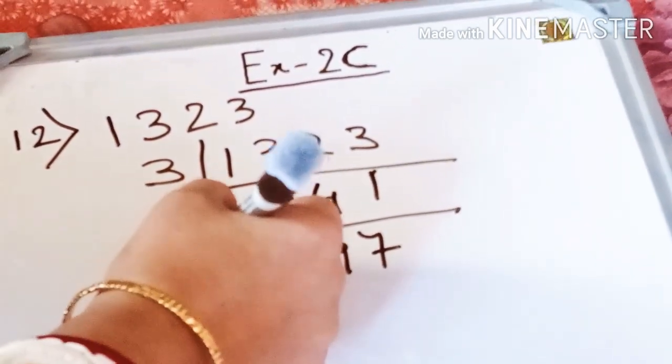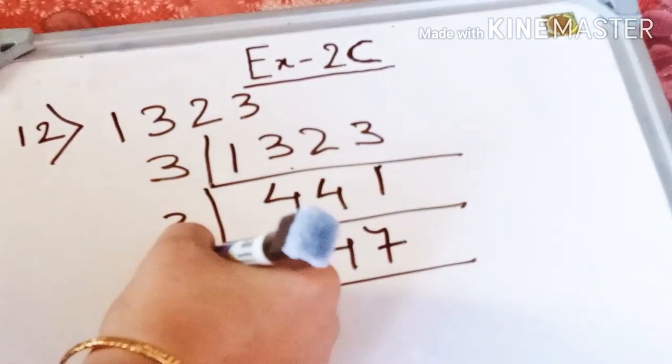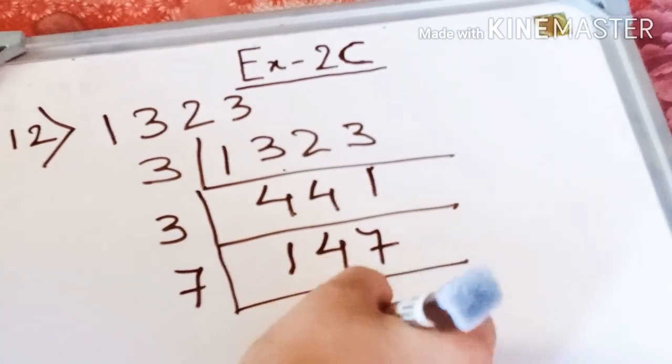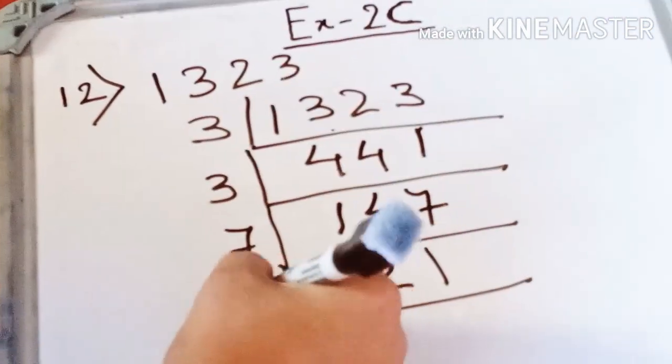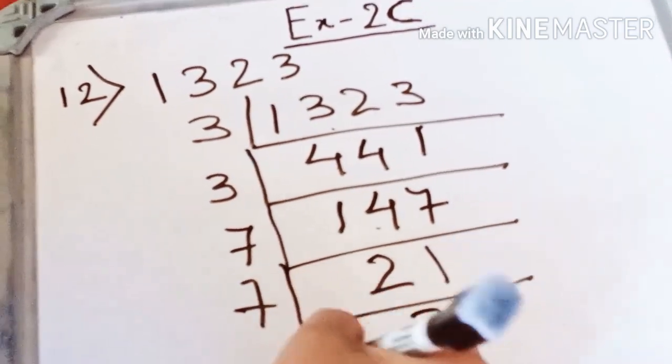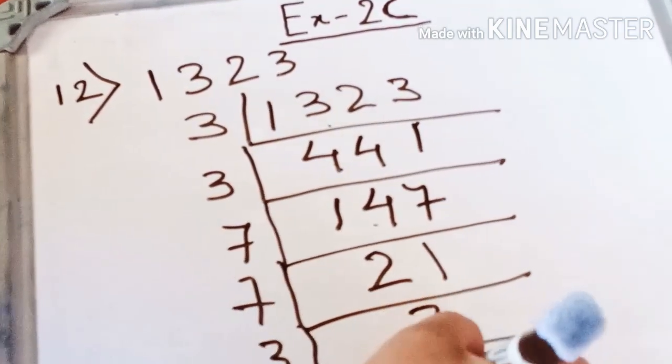We can easily see that 147 is divisible by 7. 7 2s are 14. 7 1s are 7. 7 3s are 21. 3 1s are 3.